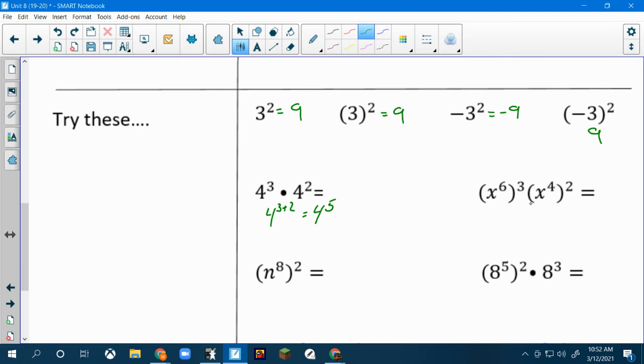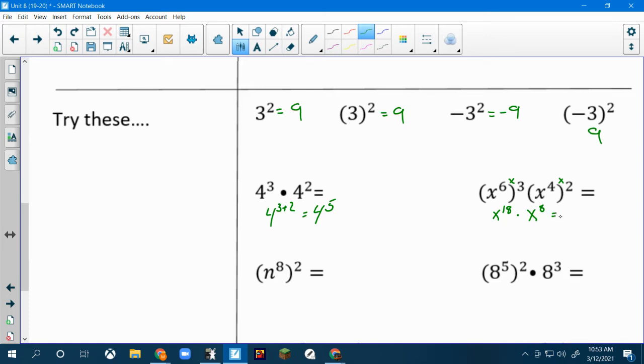Okay. X to the sixth to the third power. That means we are multiplying those together. That's going to be x to the 6 times 3, which is 18. We're going to multiply that by x to the fourth times 2. X to the 4 times 2 is x to the 8. And now we are adding these up. X to the 18 times x to the 8th.